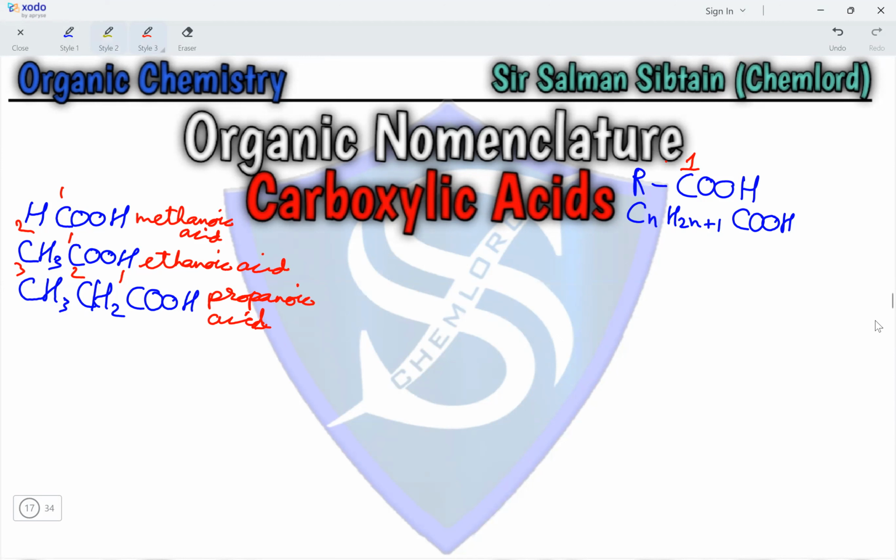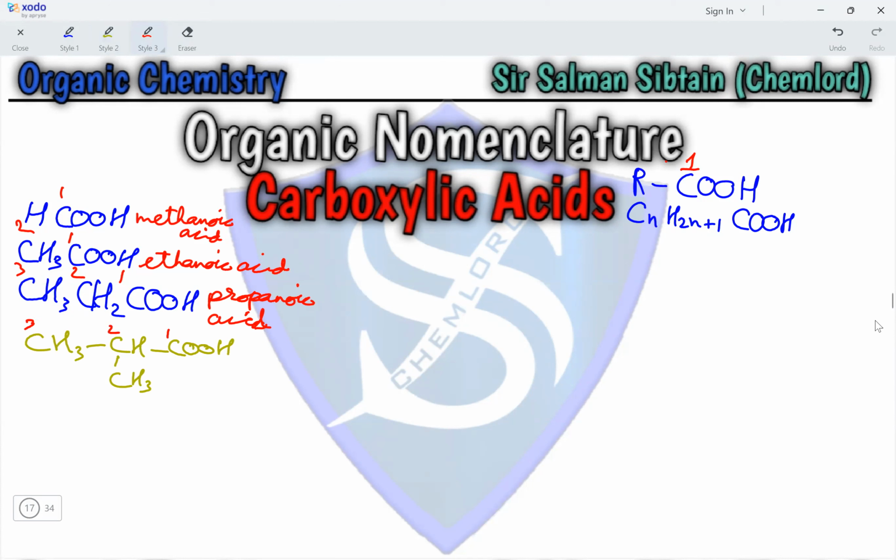Now, having substituent groups positioned on carboxylic acid. So let's take examples. We have CH3CH(CH3)COOH with a CH3 group placed on the second carbon atom because the numbering is fixed. So 1, 2, and 3.